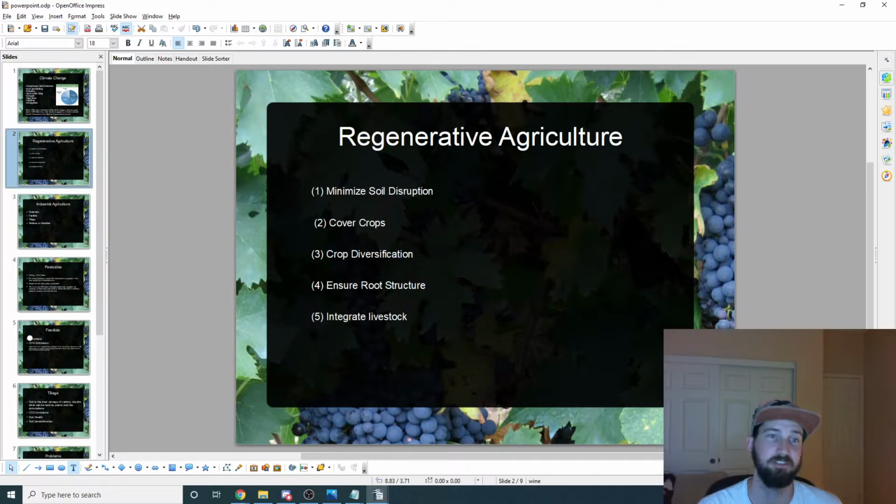With cover crops and crop diversification, you want to plant different harvest crops in different areas, and while you're not harvesting, you want to plant other plants there, with diversification as well, to ensure a diverse and complex root structure and soil microbe habitat. You also want to integrate livestock to graze the cover crop. This will sequester the carbon from the air.